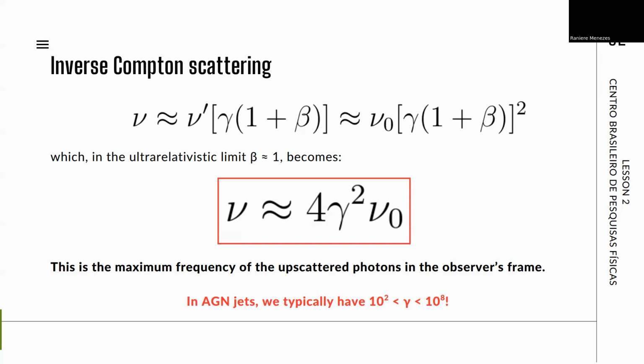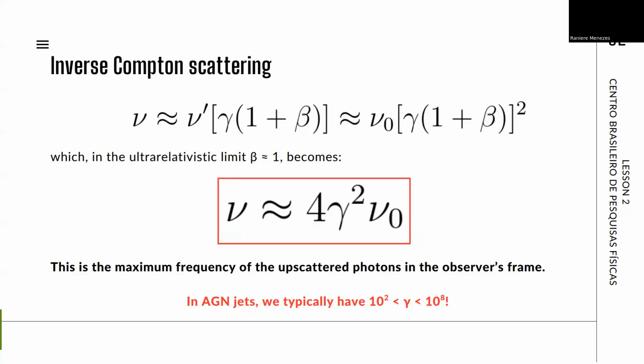And what's fantastic here, at least in my opinion, is that the boost can be strong. Imagine you have an optical photon that is Compton scattered by a relativistic electron.